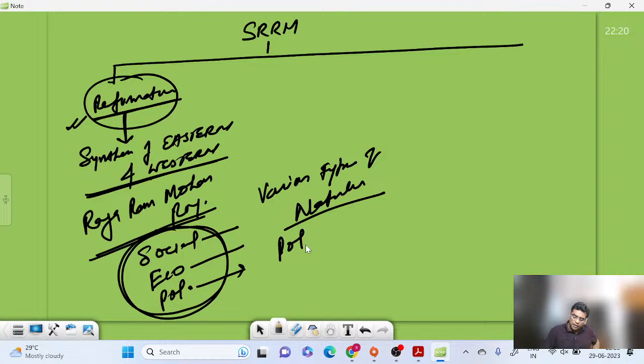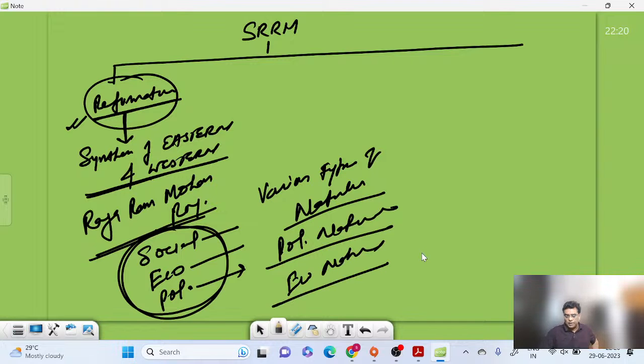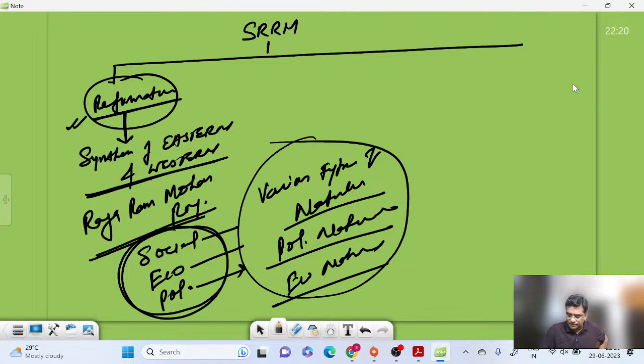There was political nationalism, there was economic nationalism.